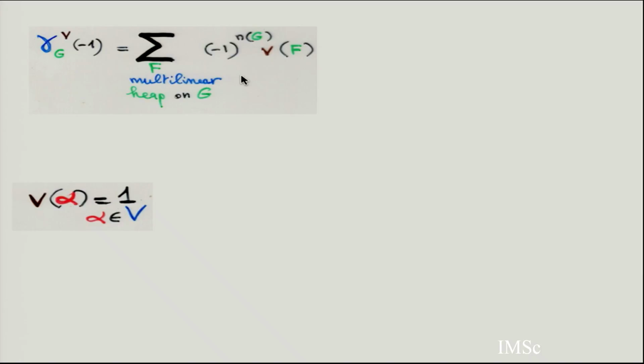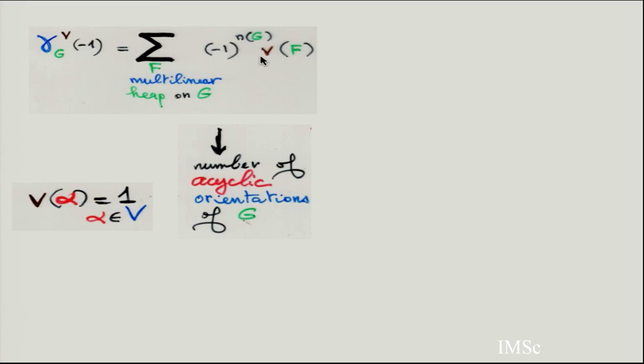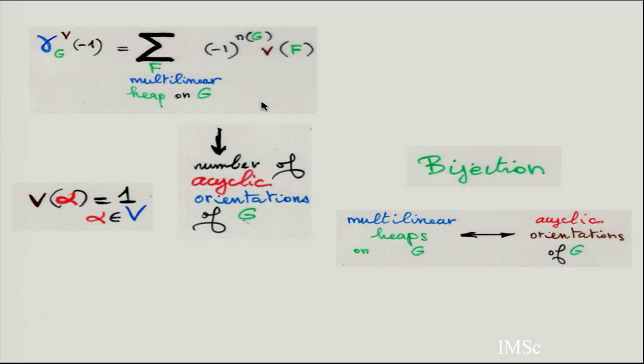I have something more general. If I replace the weight to be 1 for each vertex, it makes sense, there is a finite number of vertices. So I get here the number of multilinear Heaps on G, which are, in fact, the number of acyclic orientations, because they are in bijection. And that's the end of the proof.